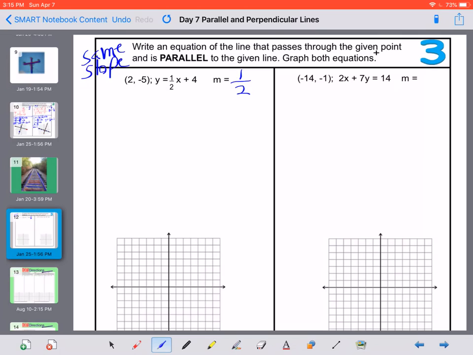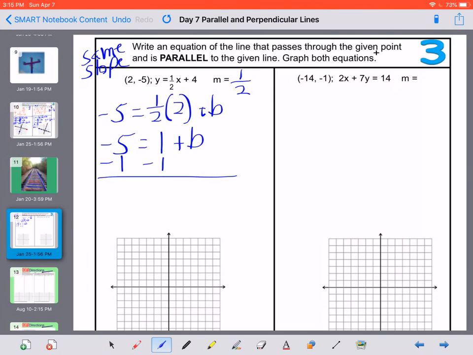So we have a negative 5 equals 1/2 times 2 plus b. So negative 5 is going to equal 1 plus b. Subtract 1. And b equals a negative 6. So our new equation is going to be y equals 1/2 x minus 6.